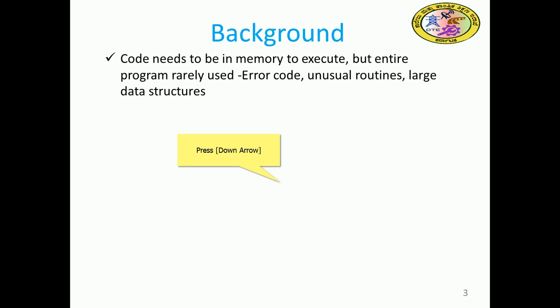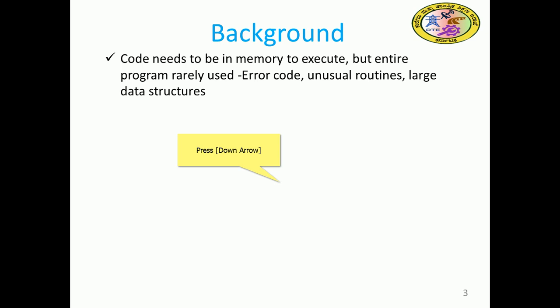If the entire program, then conventional memory management schemes, such as partitioning, segmentation and paging, may be enough. Rather than keeping the entire program, we keep only the necessary pages which are currently needed for execution. In such a case, the entire program is not really required.